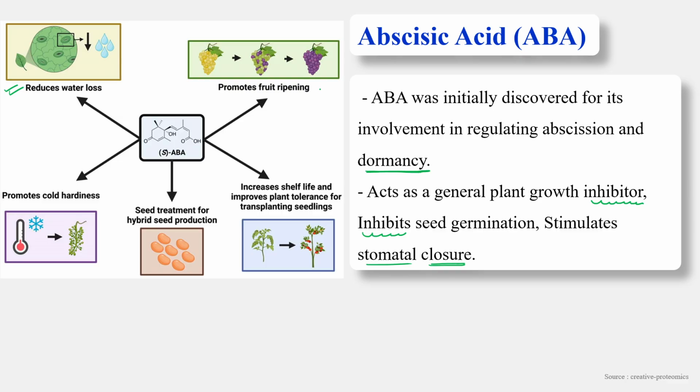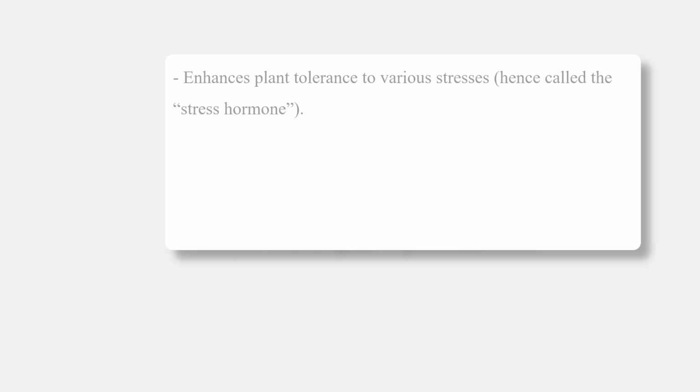It promotes fruit ripening. It increases shelf life of the plant and tolerance of the plant for transplanting seedlings. Seed treatment for hybrid seed production. It promotes cold hardiness, and ABA comes under the plant growth inhibitor category.